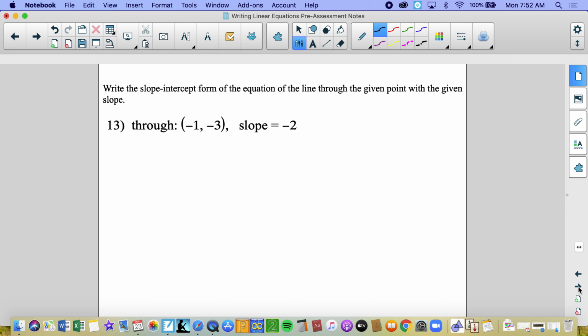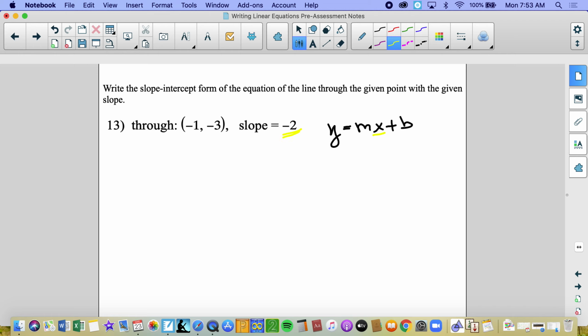All right, we're in the final stretch here. Write the slope-intercept form of the equation of the line through the given point with the given slope. So this is where we start having to do a little bit more work. You're going to be given the equation y equals mx plus b, and we definitely have the slope.